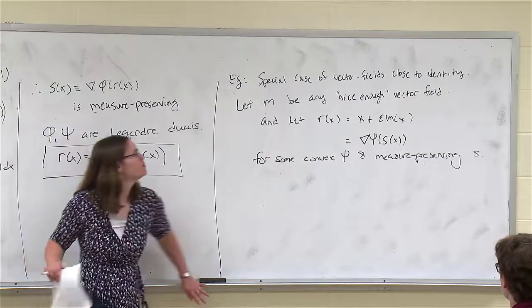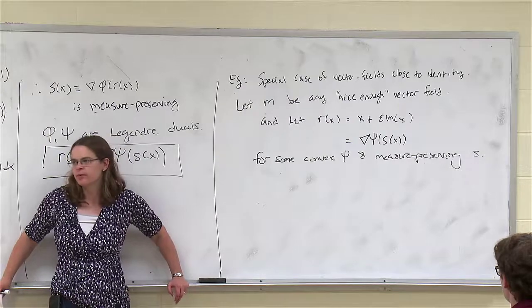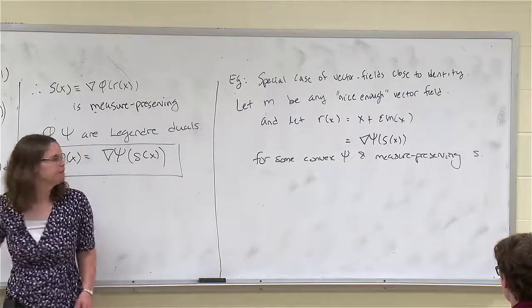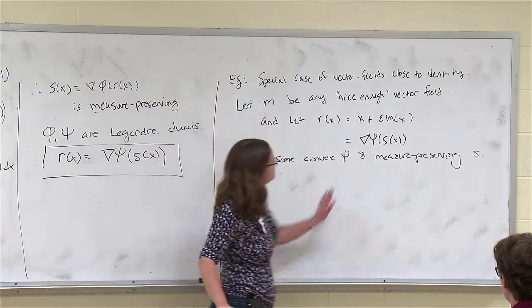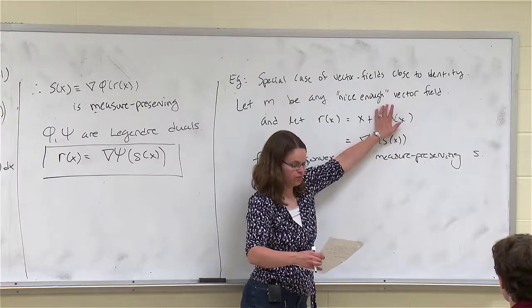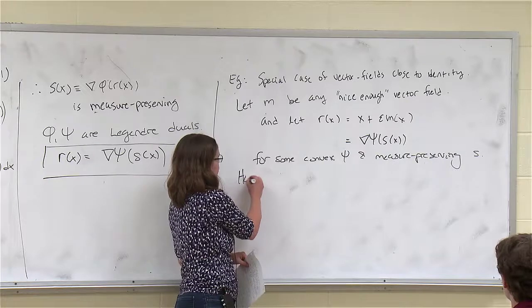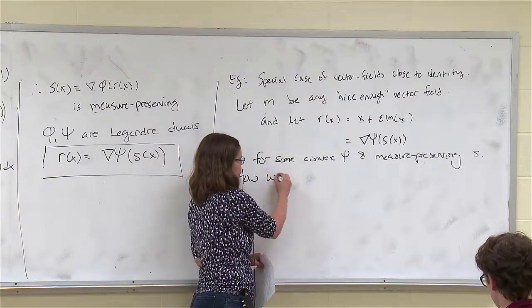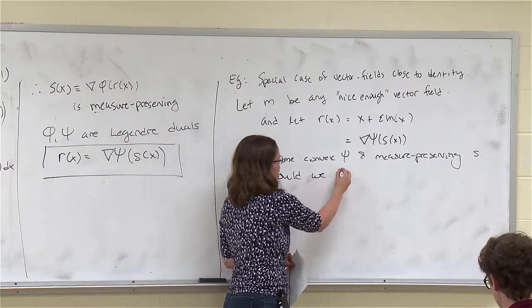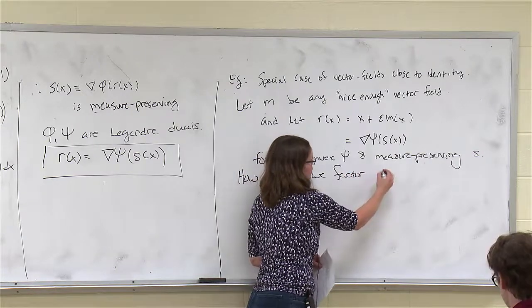Okay, so now let's make some educated guess about the structure of this thing. We're close to the identity. So let's first think about what we would do if we were near the identity and ask how would we factor or decompose the identity map.